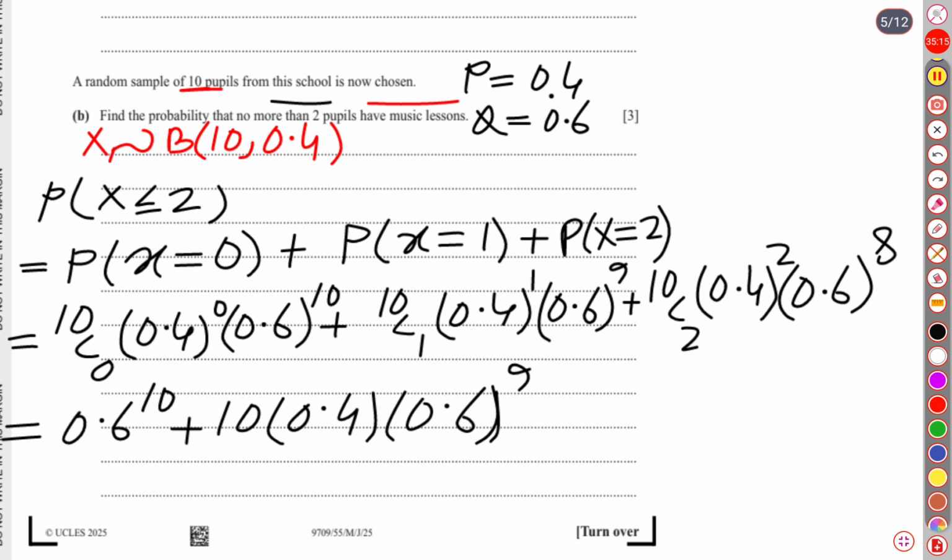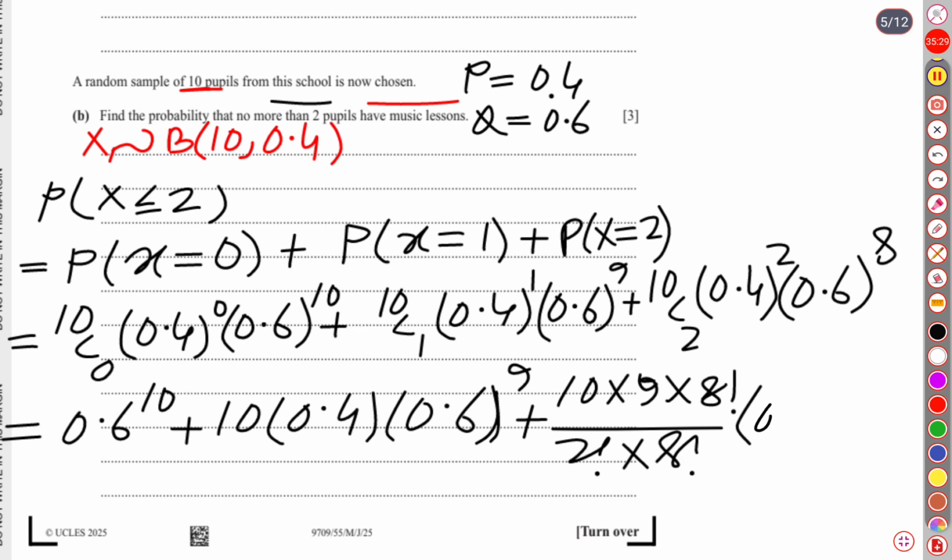Then from 10 people, if you choose 2, it is 10 times 9 times 8 factorial over 2 factorial into 8 factorial, and 0.4 squared into 0.6 raised to 8. If we simplify more, 8 factorial can cancel out, and 90 divided by 2 is 45.